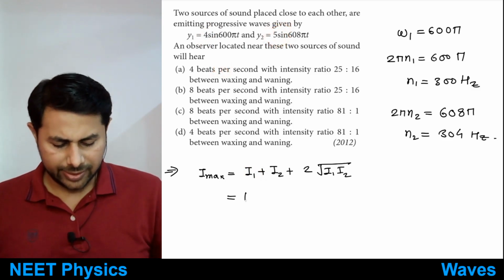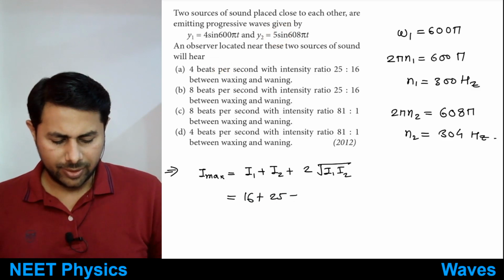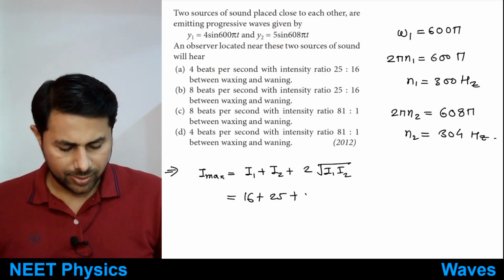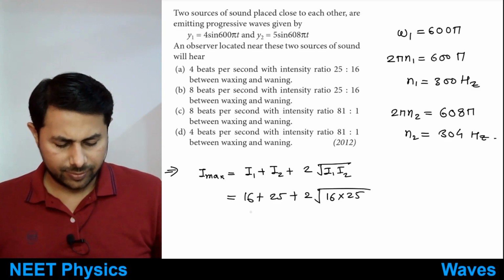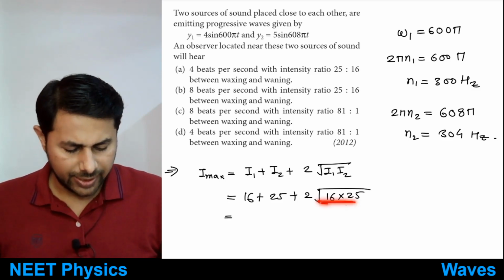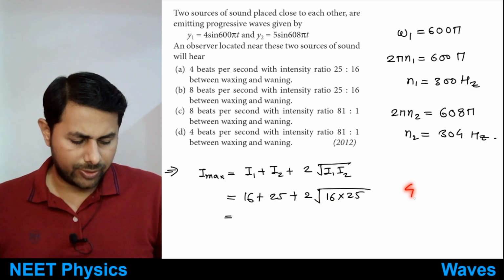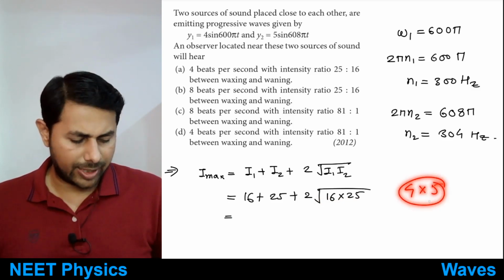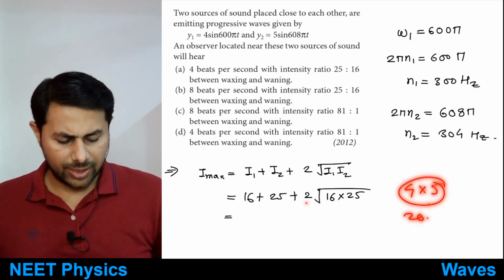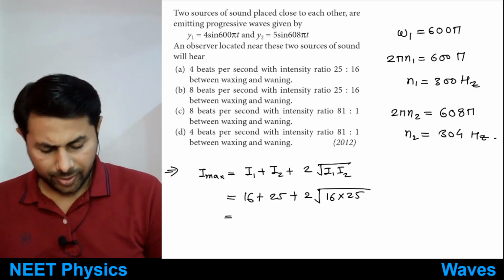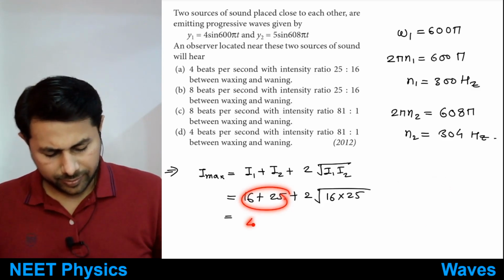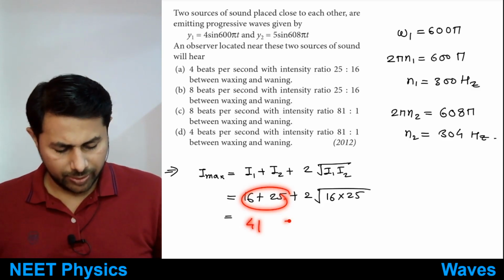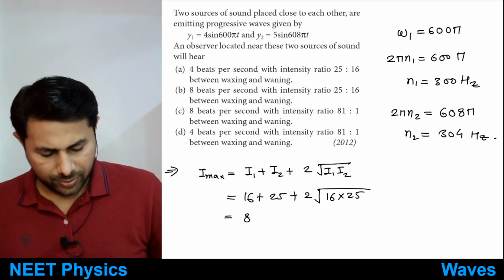So this thing would be 16 plus 25 plus 2 times the square root of 16 times 25. Square root of 16 is 4, square root of 25 is 5, 5 times 4 is 20, 20 times 2 is 40. 41 plus 40 is 81, so 81.